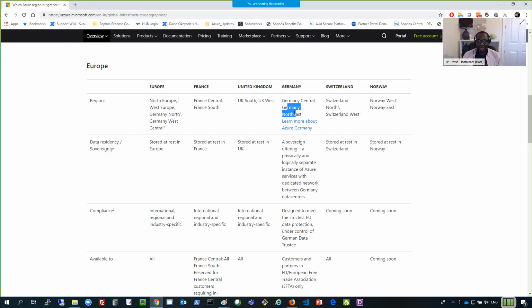Why can't I select that? Germany is one of those regions that's geofenced because there's a stricter data residency and compliance requirement for Germany itself that's different from the rest of Europe.